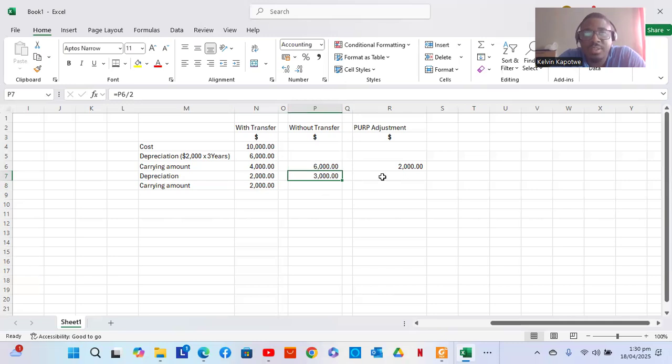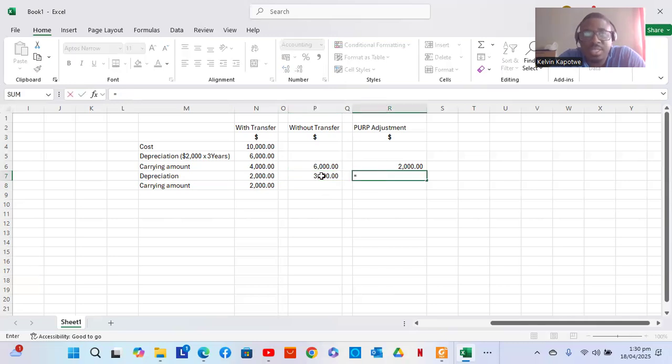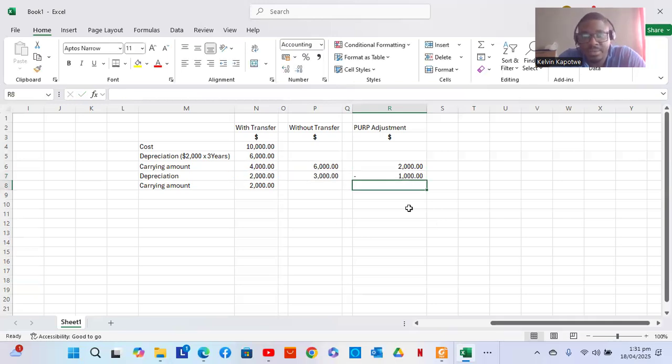This has resulted in what? Excess depreciation of how much? Excess depreciation of 1,000. Okay, so that is the excess depreciation that we must reverse.